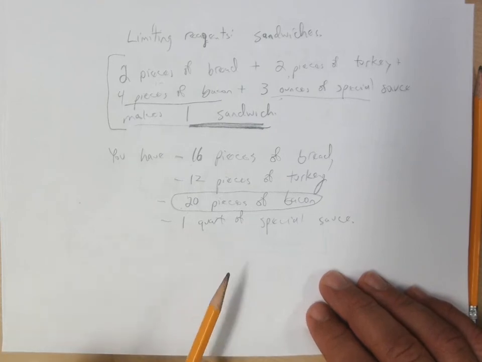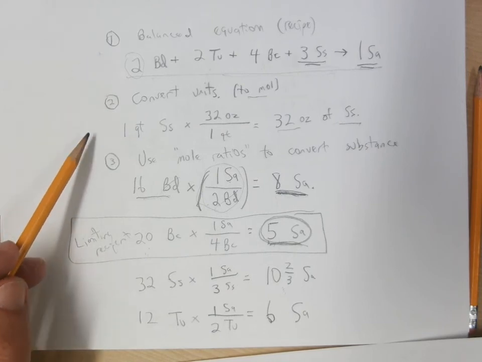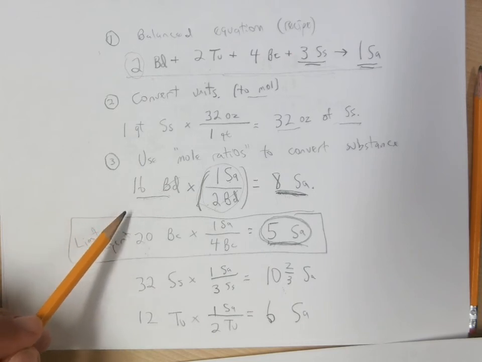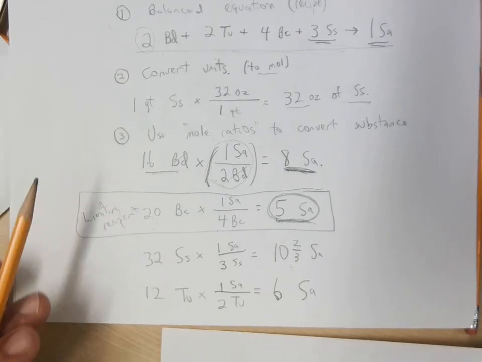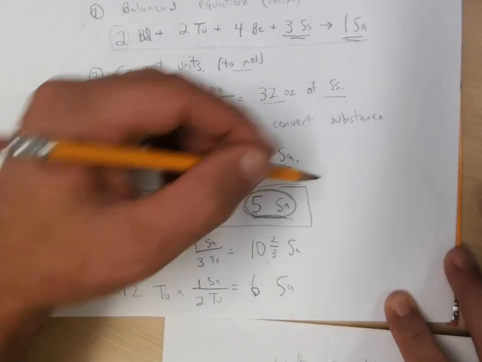And the steps for this: balance the chemical equation, convert the units, and then use mole ratios to convert your substance so you can answer the question you're trying to answer. And in this case, we figured out how much product we could make.